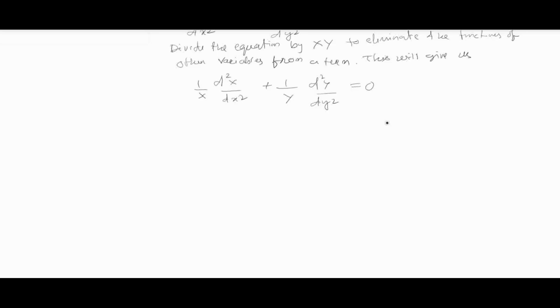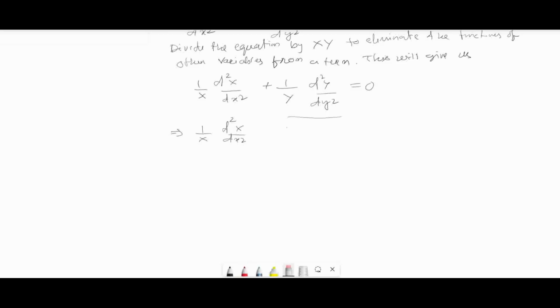That means the whole term containing y as a function of y should be moved to the right hand side. Let us move it to the right side and solve it. So what we will get here: 1 by X d square X by dx square, plus, sorry, this one, we will move the other term to the right side.